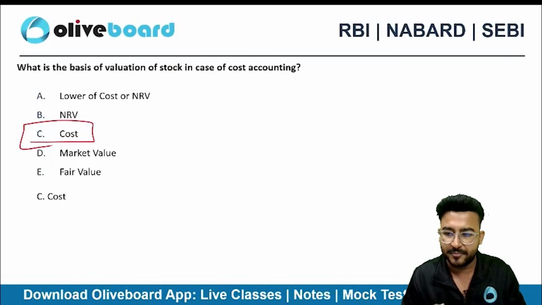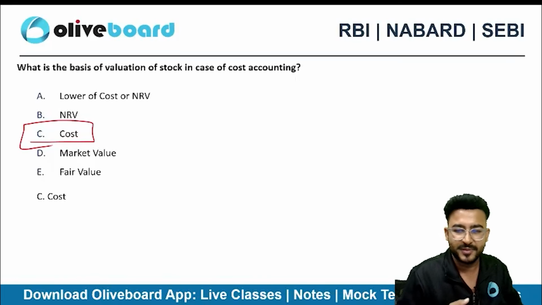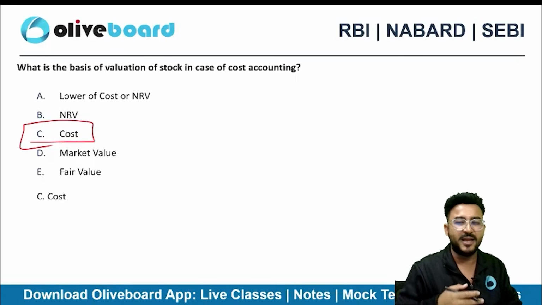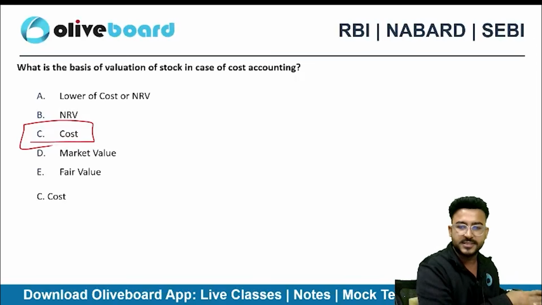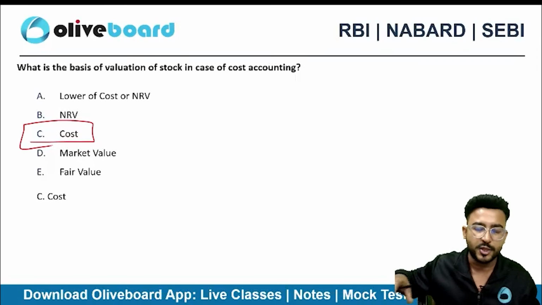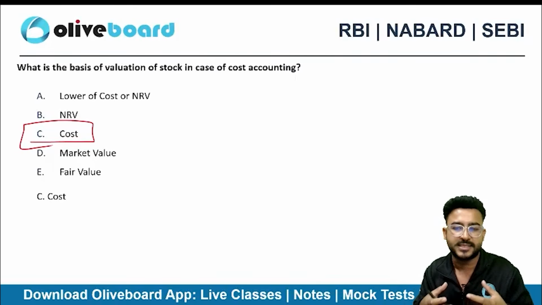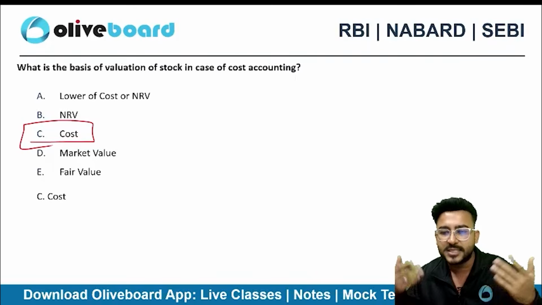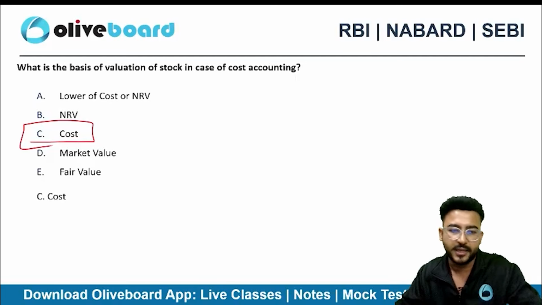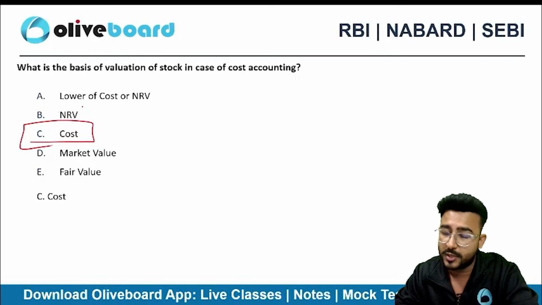In the exam you won't be getting a clear cut bifurcation. Okay, these questions are from commerce and accountancy, these questions are from costing. You'll be getting all the questions in a mix, which creates a problem. और ऐसा हो सकता है कि जल्दी जल्दी में in a hurry you tick option A, which will be wrong. Why?